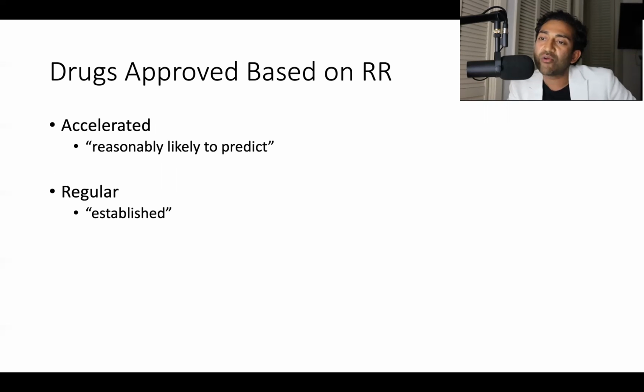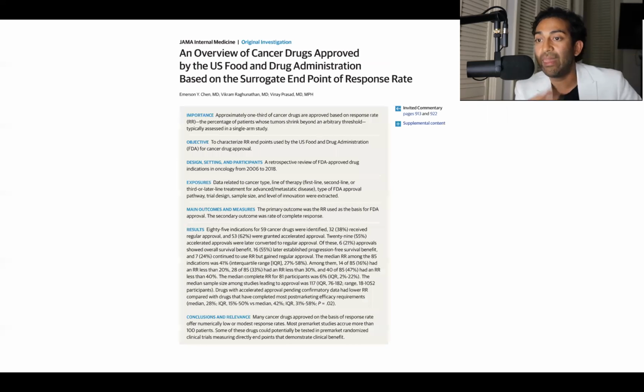When a drug receives regular approval based on response rate tumor shrinkage, it means that surrogate is established. It's not just reasonably likely, like, we would reasonably think it would track with survival. It is established. Like, this is something you can hang your hat on. And we're going to talk about whether or not the FDA actually lives up to that statutory language. This is an analysis by Emerson Chen.